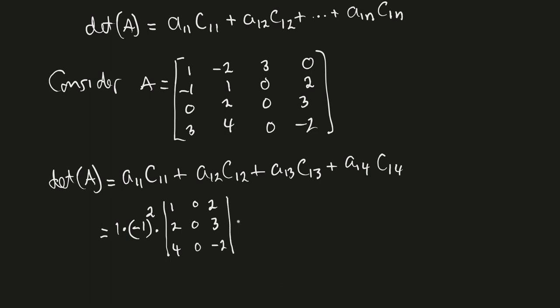And then I have to add to that the entry in the first row, second column, so that's -2. Then I multiply that by C12, which is -1 to the third power times the determinant of the matrix left when I block out the first row, second column: -1, 0, 2, 0, 0, 3, 3, 0, -2.